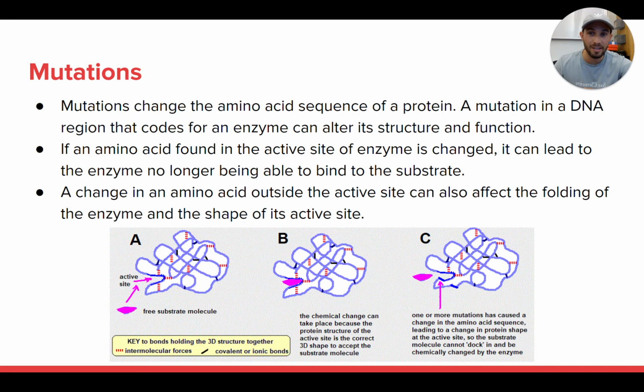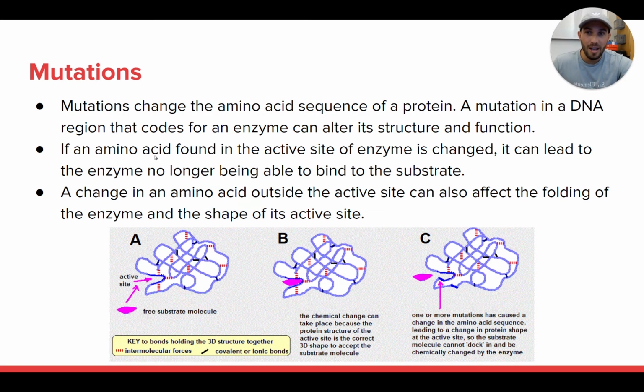And so there are some examples where a mutation changes the structure of an enzyme because that mutation affected the sequence of amino acids that codes for this enzyme, and it makes it so that the shape of that active site is not compatible with that substrate, which is going to lead to that enzyme no longer working, for example.